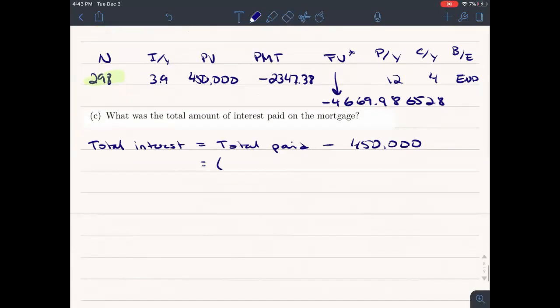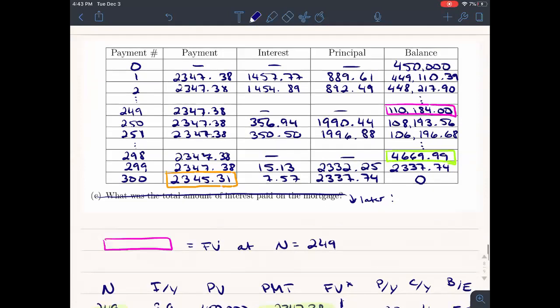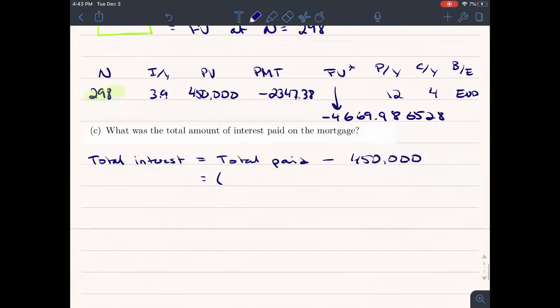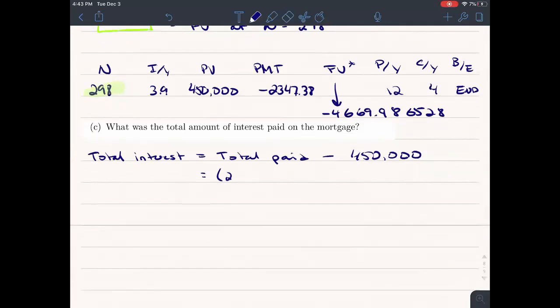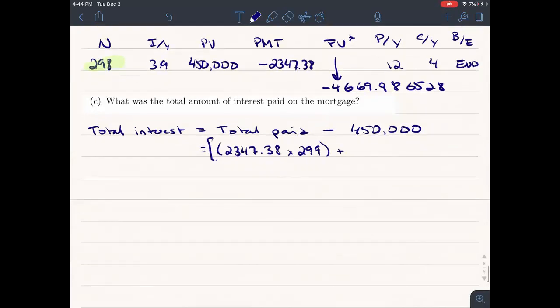The total paid is 299 payments of 2347.38 plus that last payment of 2345.31. So we've got 2347.38 times 299, and then I'll put these in brackets because it's still the total paid, plus the last payment, 2345.31. All that minus 450,000.